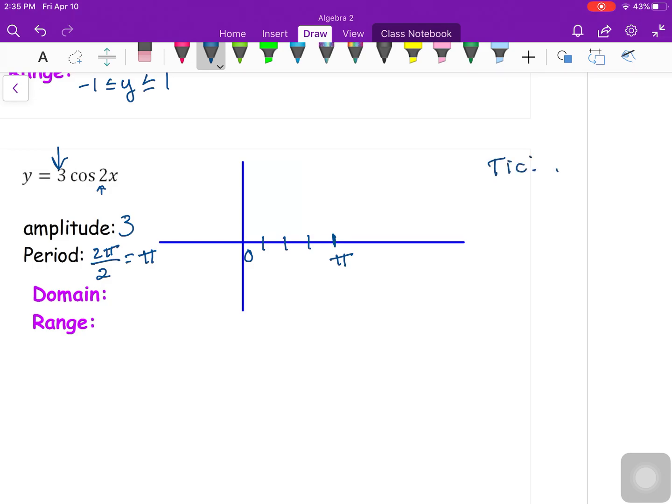So every tick mark will happen at pi divided into fourths, which is pi over 4. 1 pi over 4, 2 pi over 4, which reduces to pi over 2, 3 pi over 4, 4 pi over 4, which reduces to pi. Amplitude was 3. 1, 2, 3 up, 1, 2, 3 down. Notice every marking on my x-axis and my y-axis is labeled.